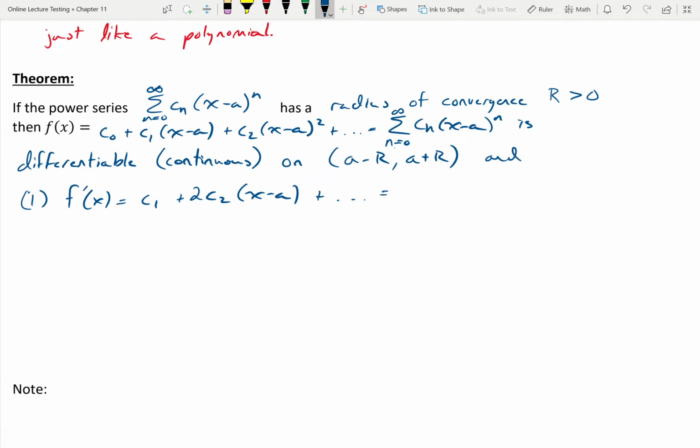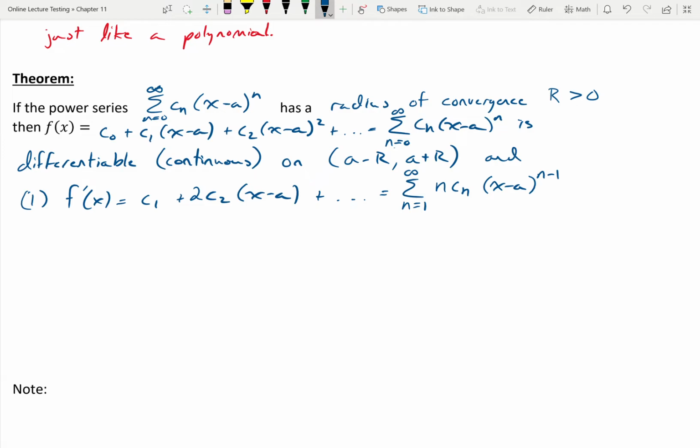This is equal to the sum where n goes from 1, notice the change, when we take the derivative of the series, it's going to change the index of n, of n c sub n, x minus a to the n minus 1.